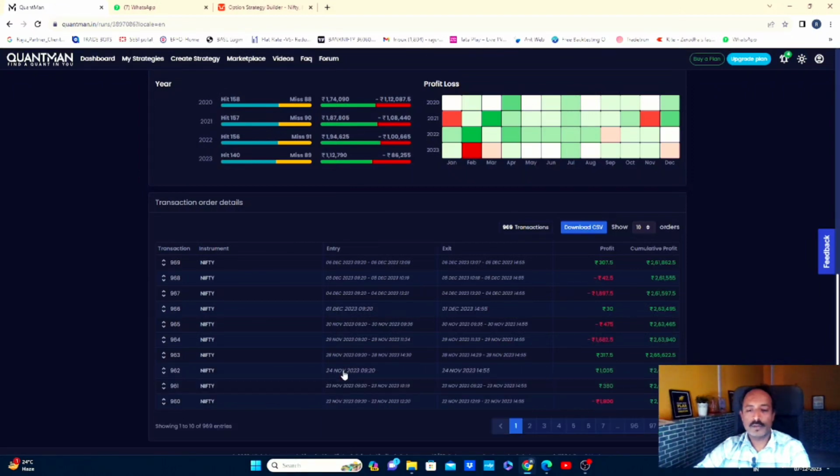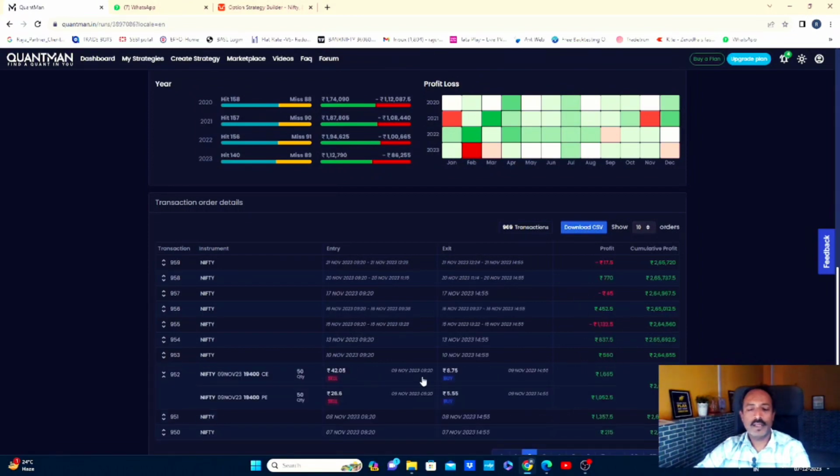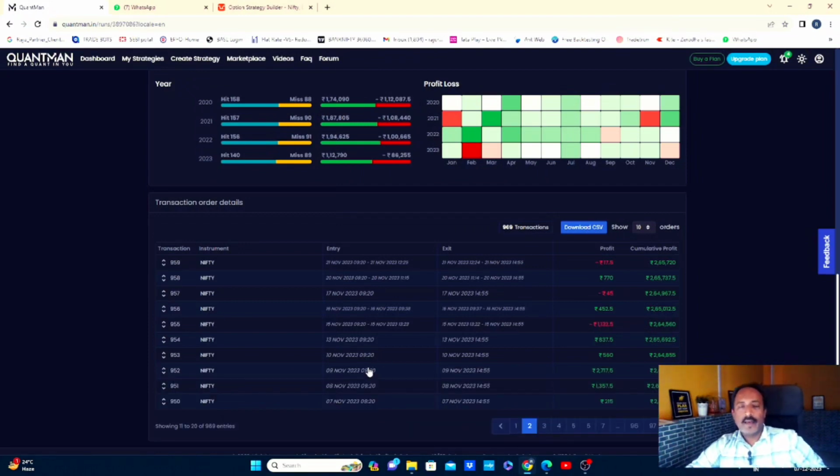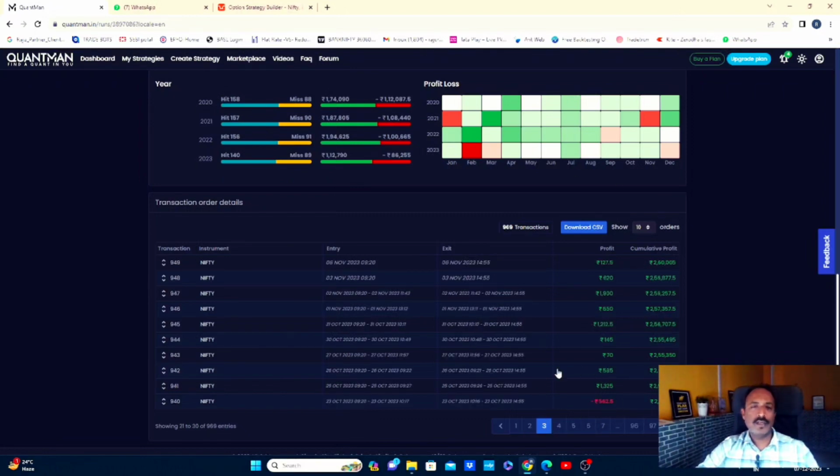It has given 1,000 rupees. Usually on the expiry day, the decay happens if there is no wild movement, if there is no gamma effect, you will get a good premium decay, and you can always change the time as well. You don't have to run it till 2:55.